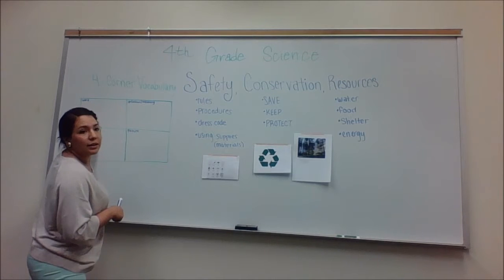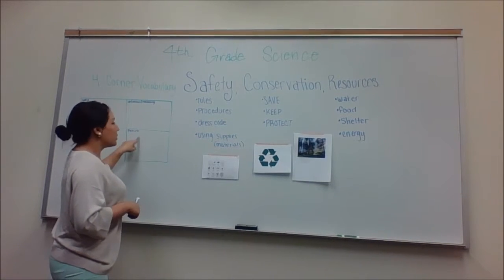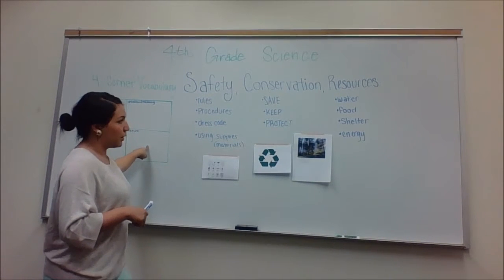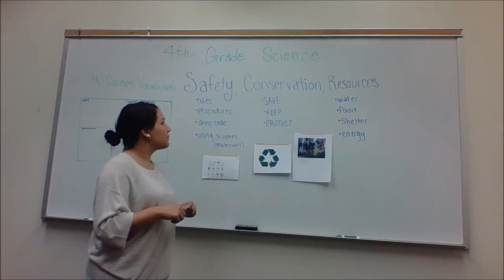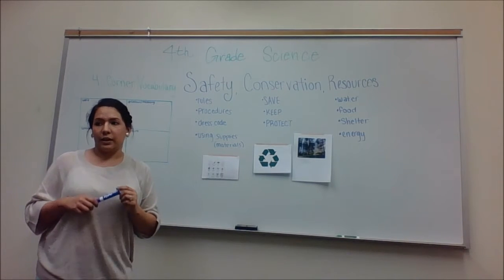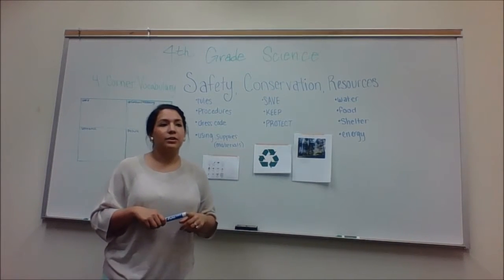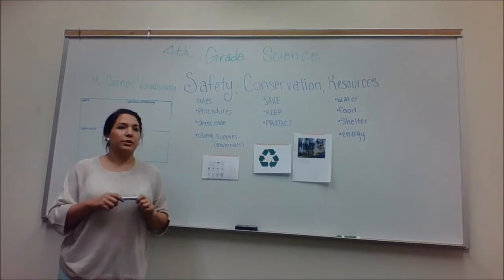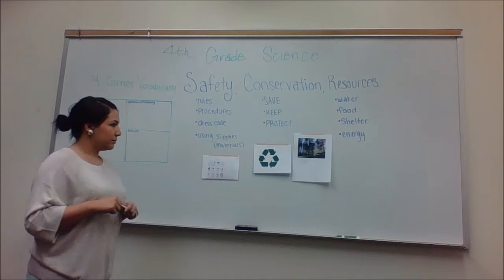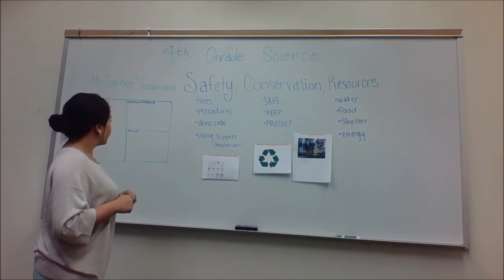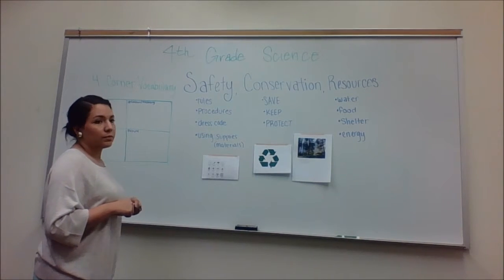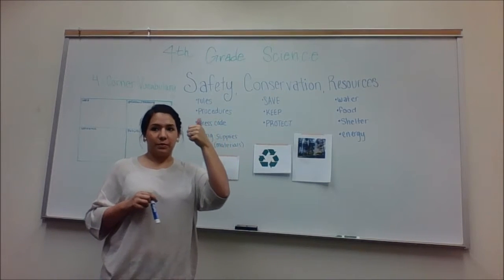You're going to write a sentence using the word, and you're going to draw a picture to help you remember what that word is and what it means. So I'll give you a couple of seconds to do that. Make sure that it's nice and neat because you'll be able to use these on your test. If everyone is ready, thumbs up.